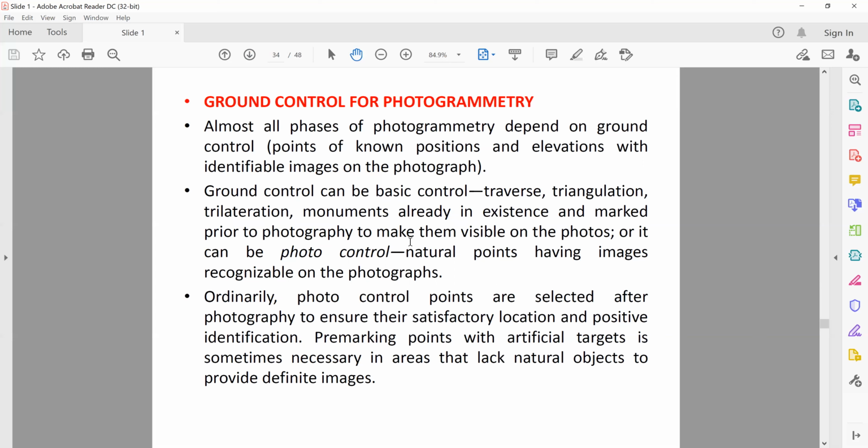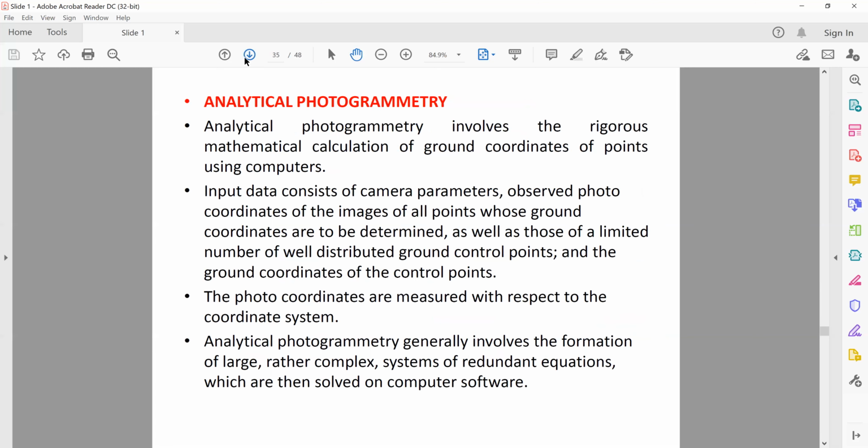And basically what you can do is ascertain the accuracy of the scale that you've calculated or the distances you have calculated. You can go to the ground and do ground truthing. That means you can see if the distances are the same as the ones you've calculated from the picture, and that will tell you how accurate your whole scheme of work is.